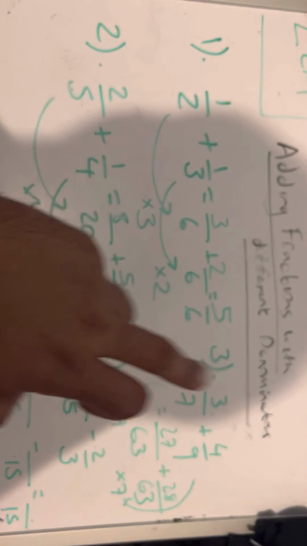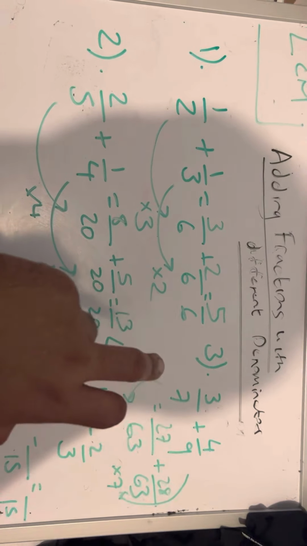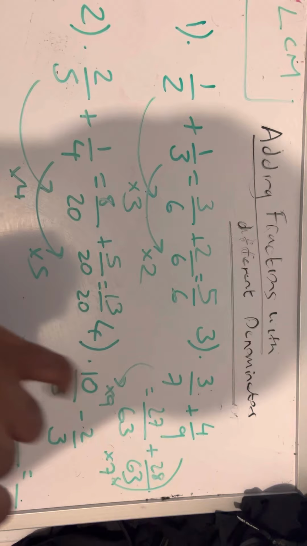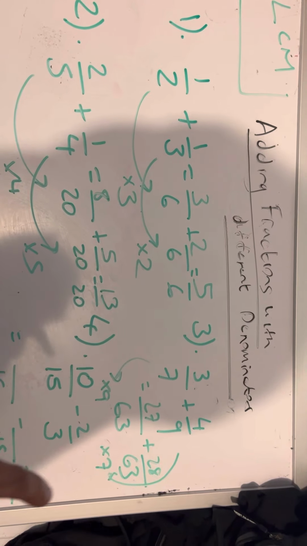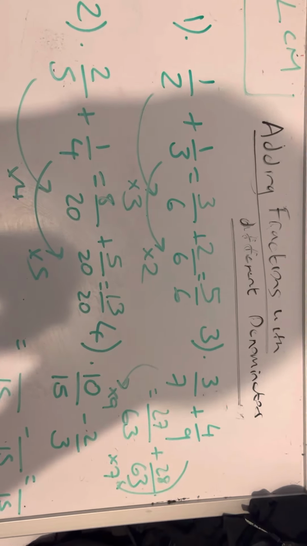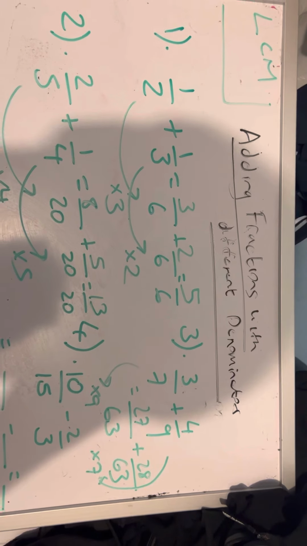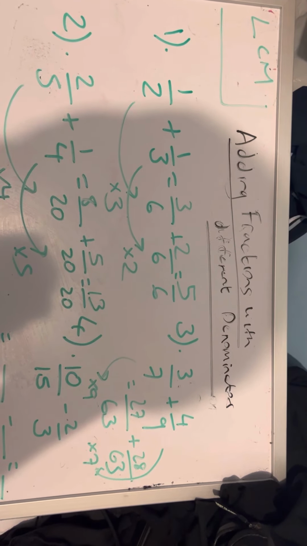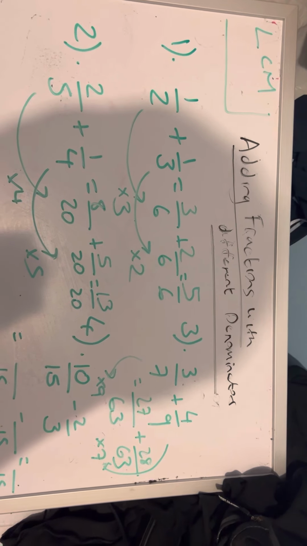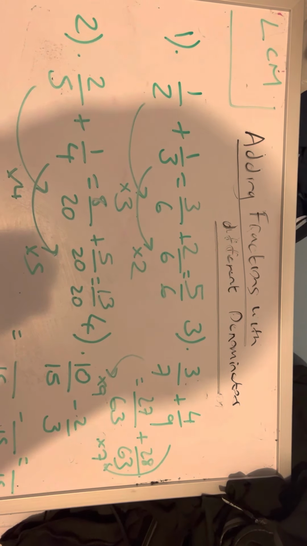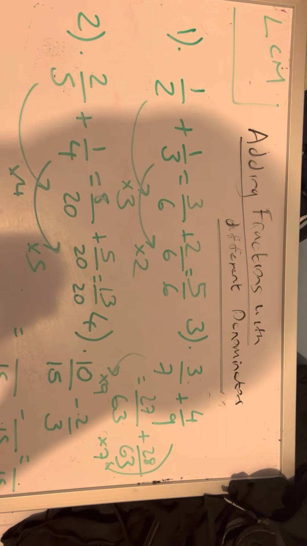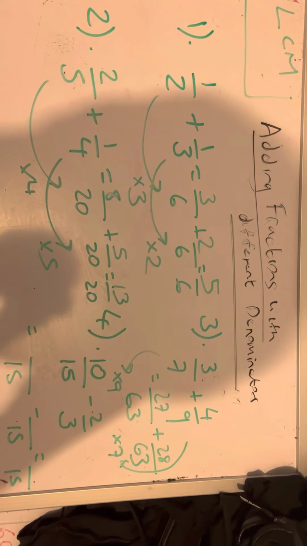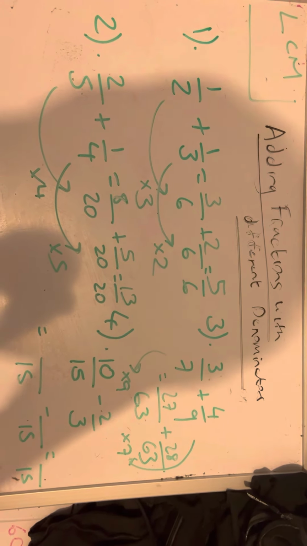I've timesed 3/7 by 9, so 7 times 9 is 63, 3 times 9 is 27, 4 times 7 is 28, and 9 times 7 is 63. So I've got 27/63 plus 28/63, which is equal to 55/63. So the answer is 55 out of 63.